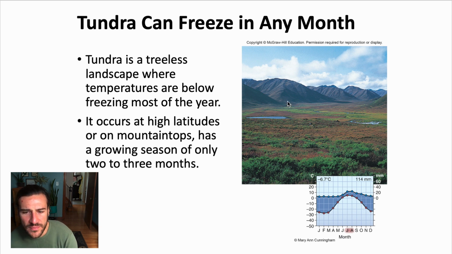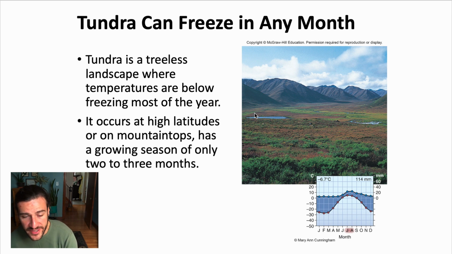And look at the mountains. The mountains are totally barren, right? They're not even that tall, yet because of the northern position of these biomes, just a little bit up in elevation, you have very little to no plant growth. You do see liquid water here, yet when the sun sets, these ecosystems can freeze.